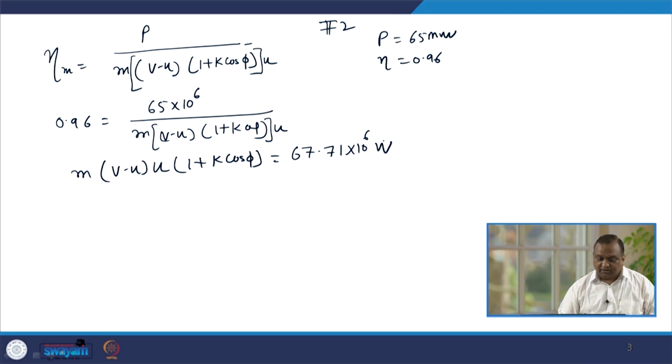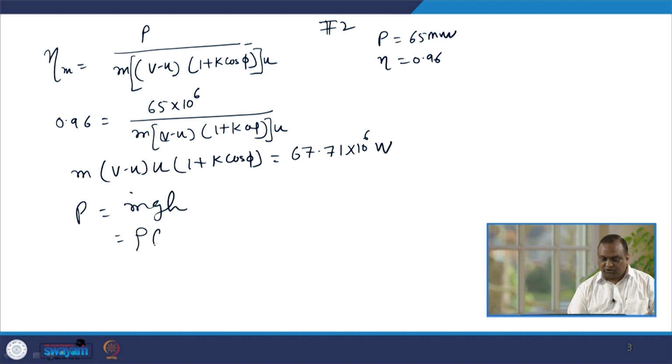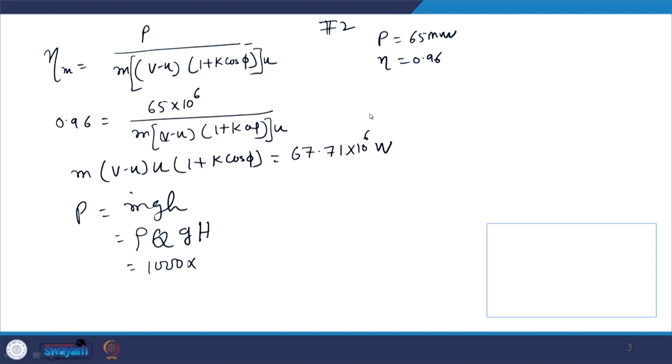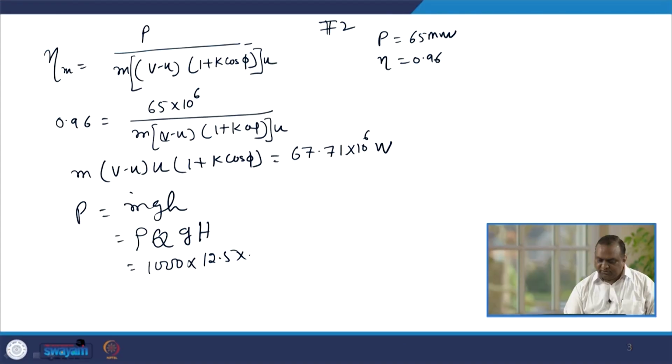Now, the power supplied. This is the power which is developed in the blades. Now, what was the actual power available? Actual power available was mgh. mgh means rho Q g h. And rho is, let us assume 1000, Q is 12.5 meter cube per second, 12.5 into 9.81 and h is 630.